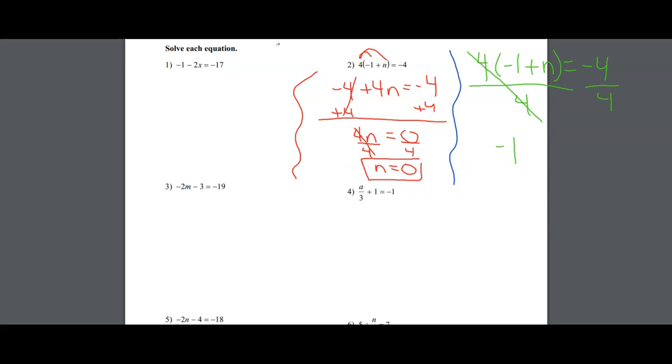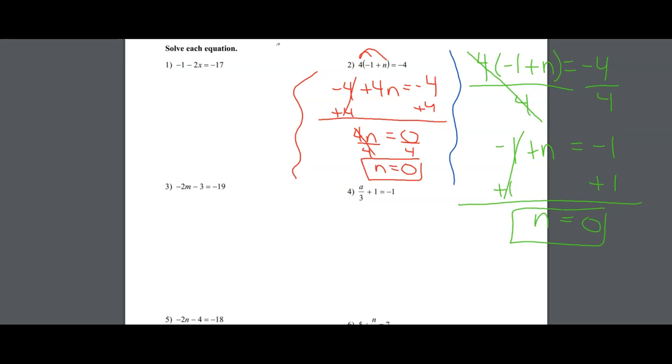I'm left with -1 plus n is equal to -1. -4 divided by 4 would be -1. So that was one step, and you can pretty clearly see that the second step should be adding 1 to both sides. That leaves me with n is equal to 0.